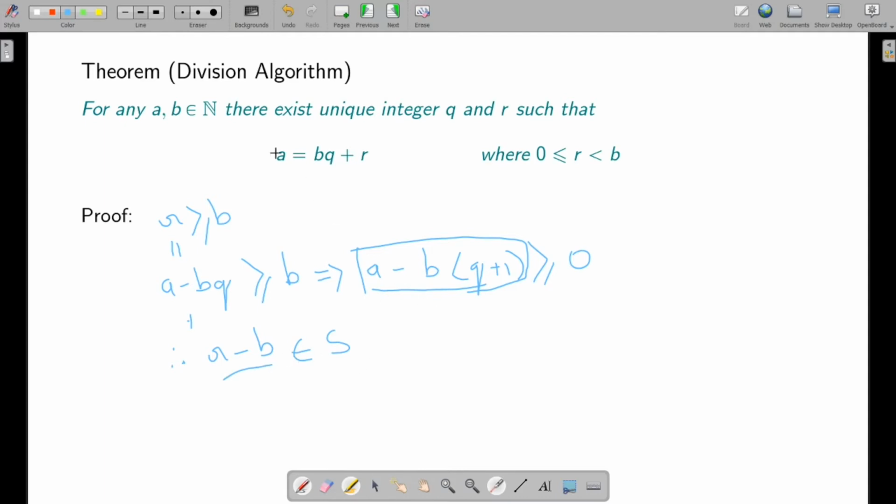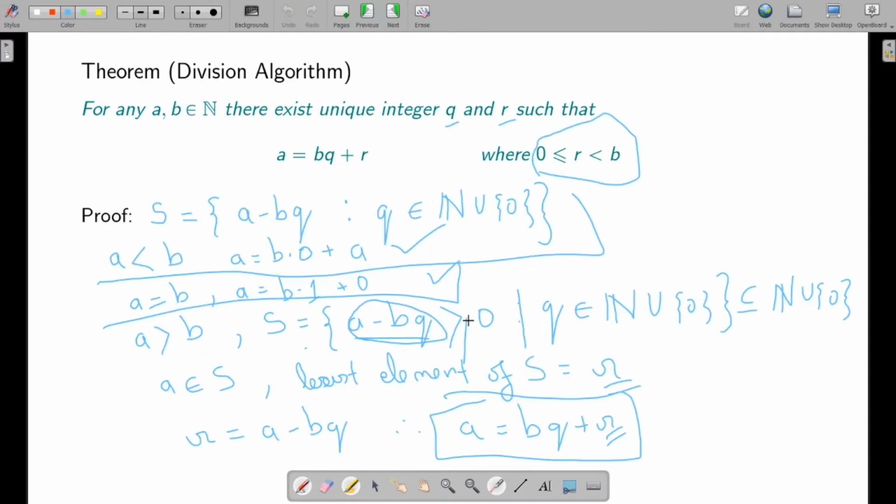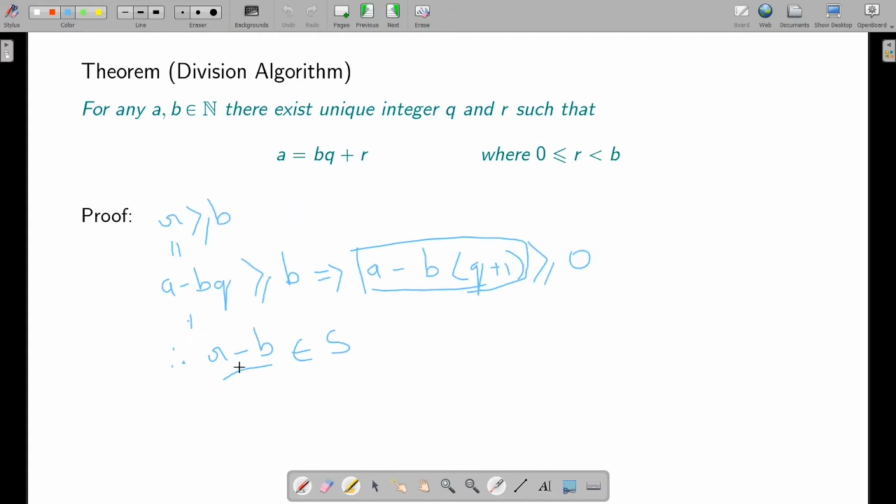What is r to S? What is r? So you can see here, r is the least element of S, and we are saying that r minus b is in S, and definitely r minus b is a number less than r itself, right?